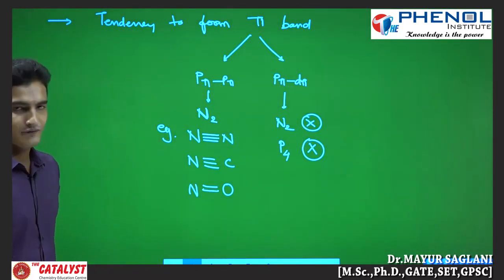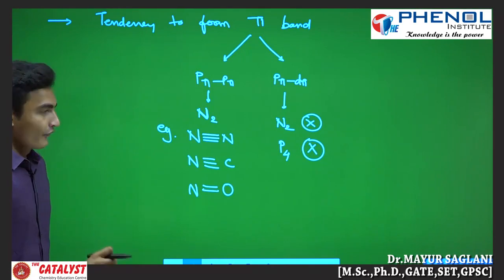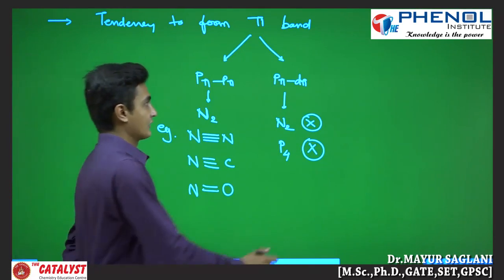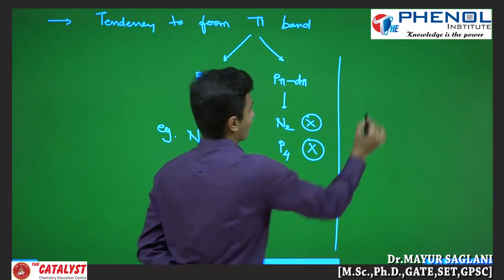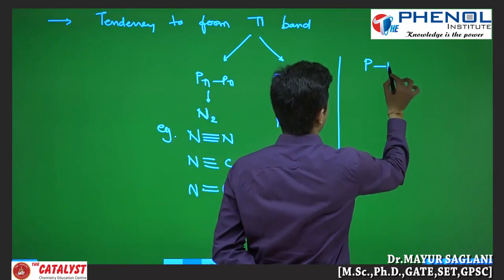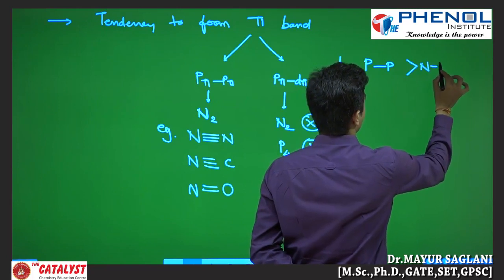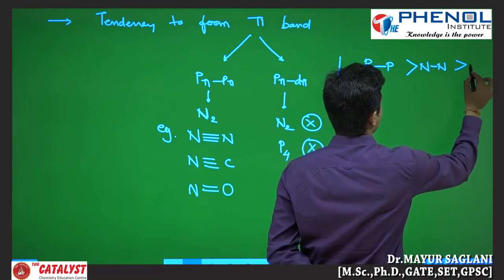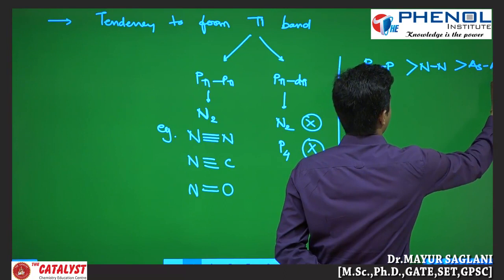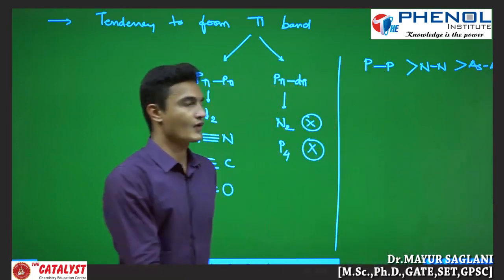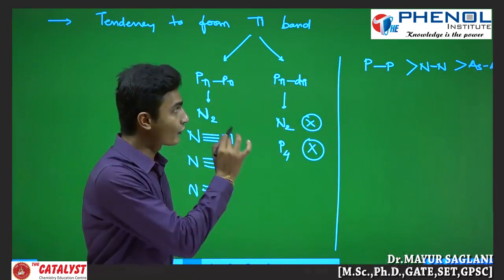And now if you see the bonding in phosphorus, if you compare single bonds, then the phosphorus single bond is much stronger than the nitrogen single bond, and that is higher than the arsenic single bond. Okay, what can you conclude from this?